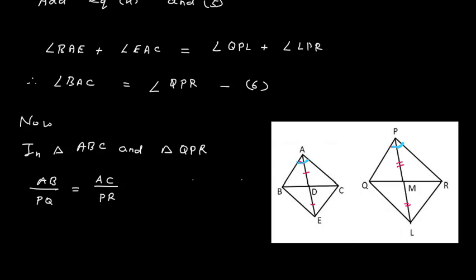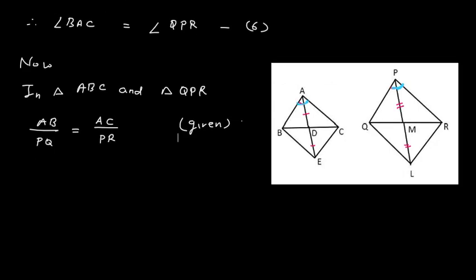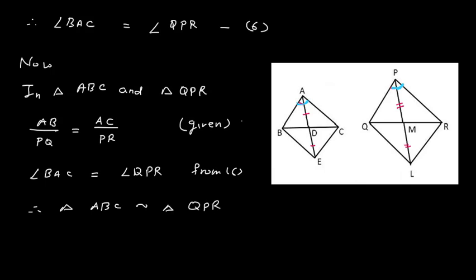This is already given, and from this whole calculation we identified that angle BAC is equal to angle QPR, from equation number 6. So therefore triangle ABC is similar to triangle QPR. What criteria do we use here? We use side criteria.